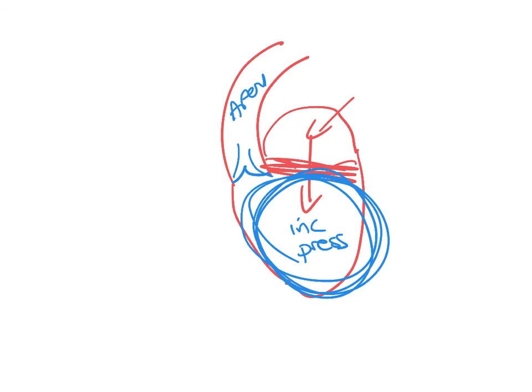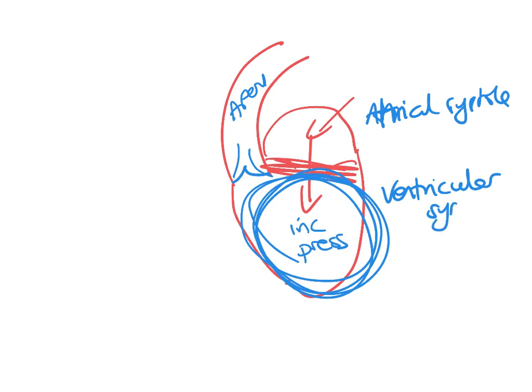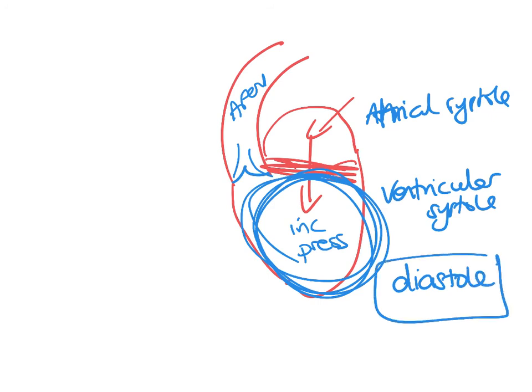And during which stage in the cardiac cycle does the semilunar valve close? Well, first stage is atrial systole. Then you've got ventricular systole. And then you've got complete relaxation of the heart, which is diastole.